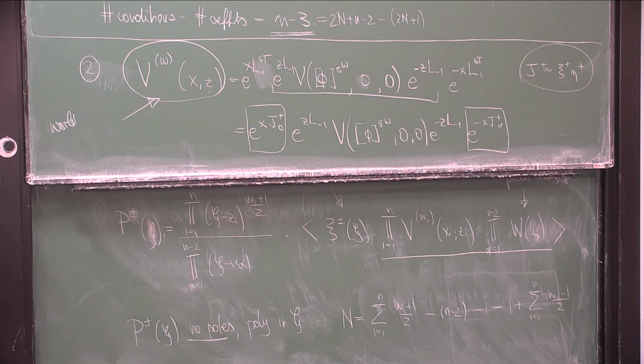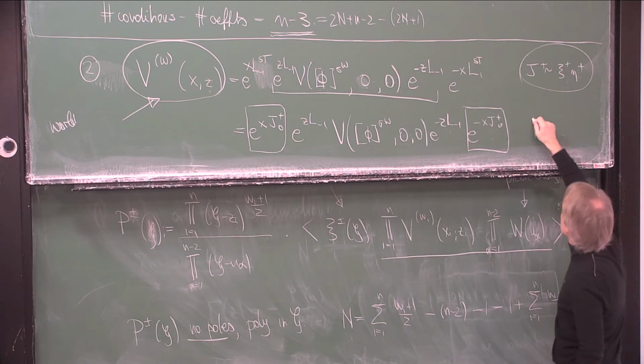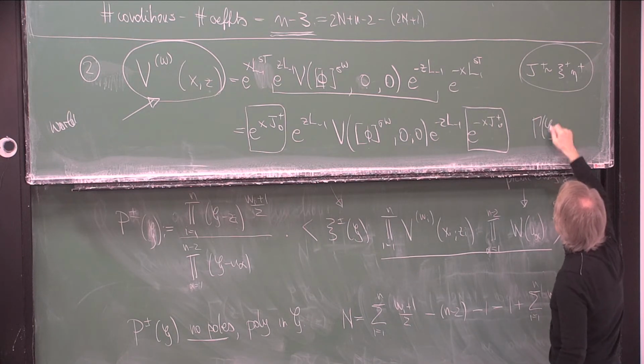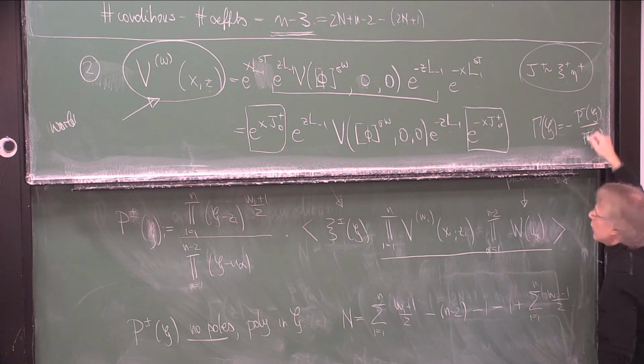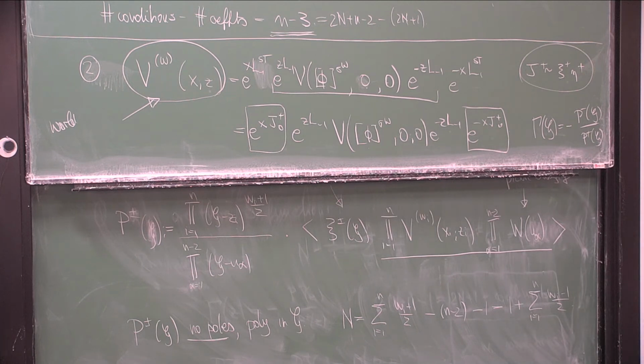So this is just the degree of the covering map. Remember when I said I could write the covering map as minus p minus of zeta over p plus of zeta, where both p minus and p plus were polynomials of this degree. And what was the condition? Remember, that was how I counted the parameters for getting the covering map.